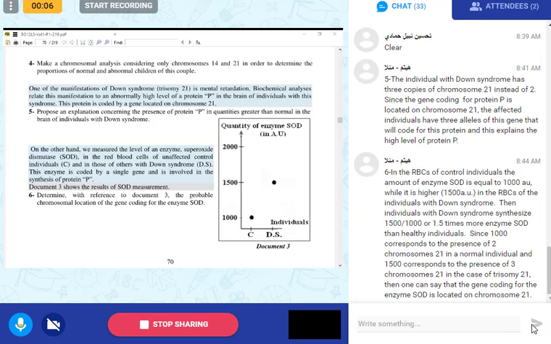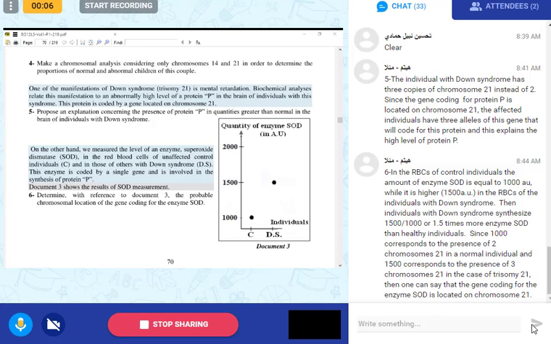On chromosome 21. Look here at what they say. In the red blood cells of the control individual, the amount of enzyme SOD is equal to 1000 AU, while it is higher, 1500, in the red blood cells of the individual with Down syndrome. Then the individual with Down syndrome synthesizes 1.5 times more enzyme SOD than a healthy individual.